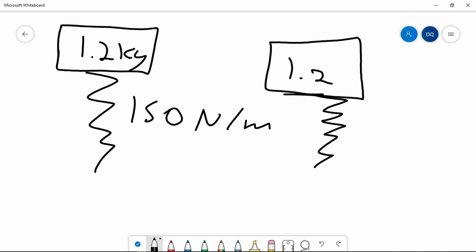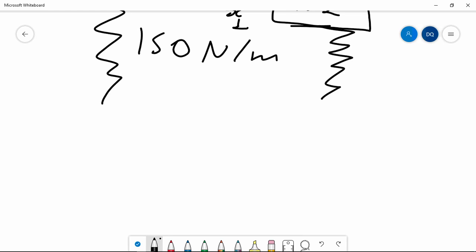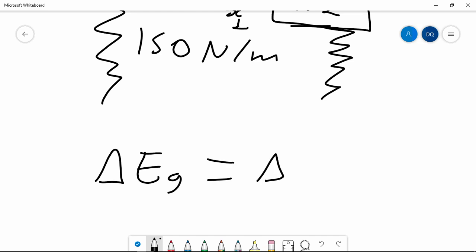And the question is, how far is it going to compress that spring? So I'm going to call that X. So what happens? As the block lowers, we lose gravitational potential energy. So we have a change in gravitational potential energy, and that's going to be equal to our gain in elastic energy.